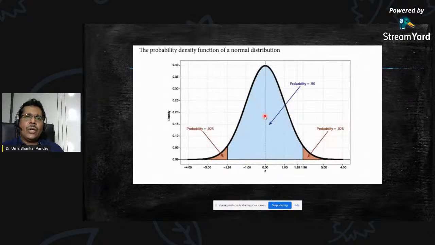Why is the normal distribution important? That is very, very important for us to know, because it gives us an idea. If we have a probability density, then it tells us that 95% of the values will fall between minus 1.96 and plus 1.96 standard deviations.